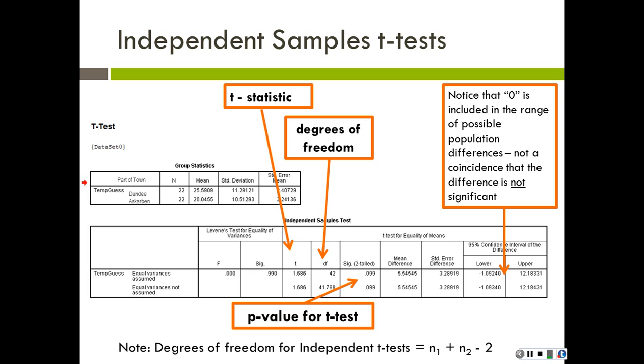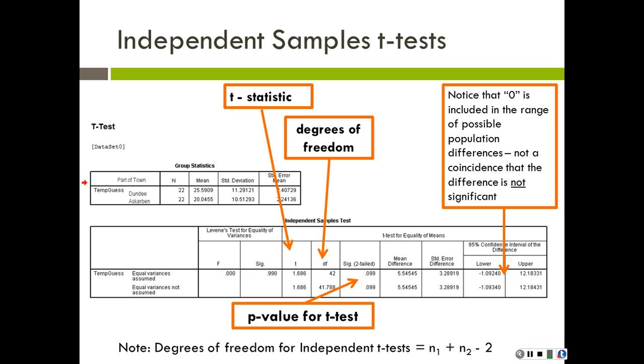We are saying that the difference between the means can range from negative 1.09 to positive 12. So we're 95% sure that the difference between the Exarban and Dundee classrooms ranges from negative 1 to 12. That's the difference between them.